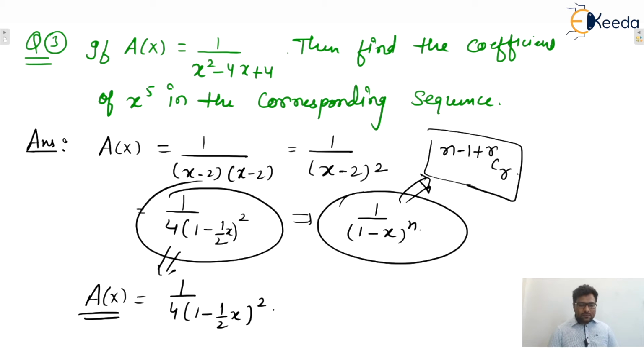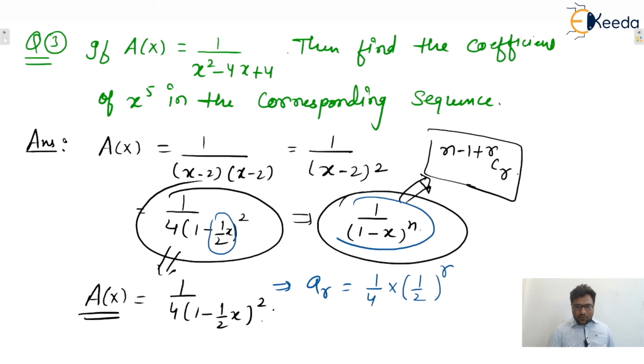If this becomes this one, now tell me what the sequence will be. The sequence will be multiplied with 1 by 4. Now x is multiplied with 1 by 2, so the sequence will be multiplied with 1 by 2 raised to power r. And what is the sequence for this one? That is (n minus 1 plus r) C r.